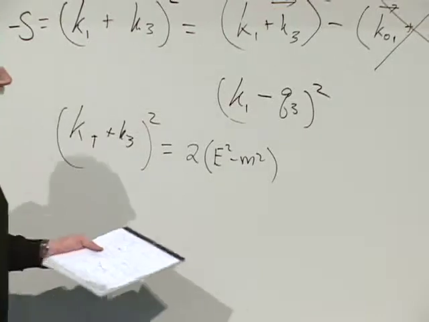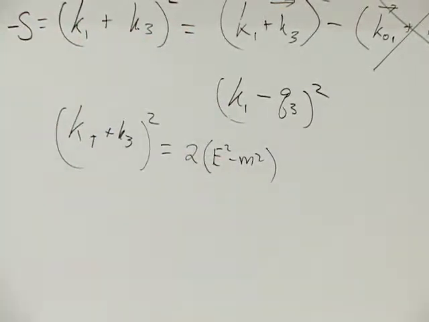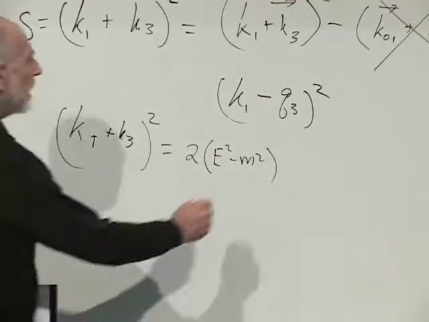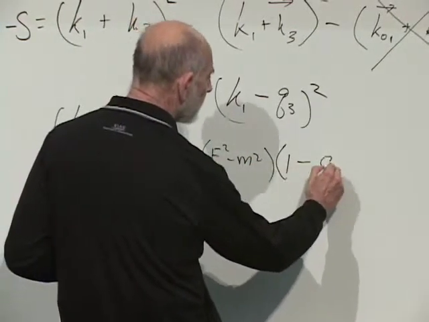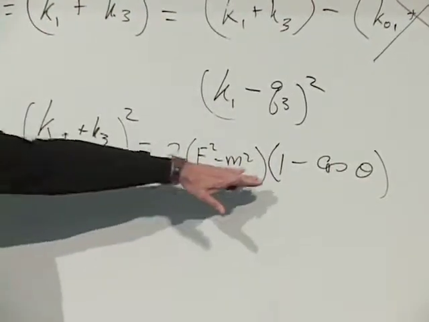We already worked out what the energy is. The energy is the S variable. It's twice E squared minus M squared in the center of mass frame, times 1 minus the cosine of the angle of scattering. This is the interesting thing here.